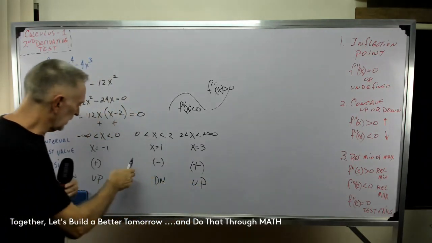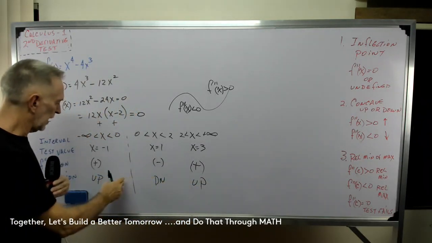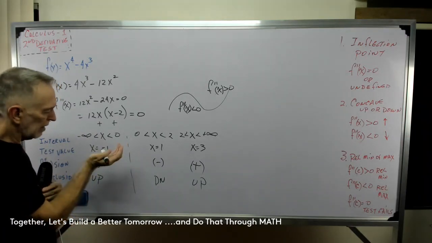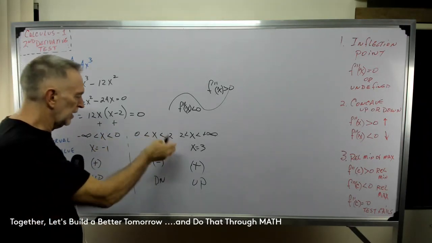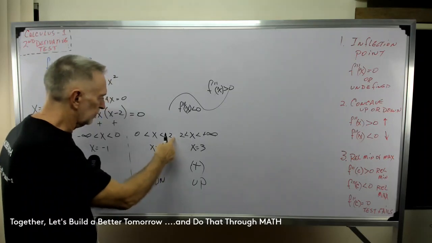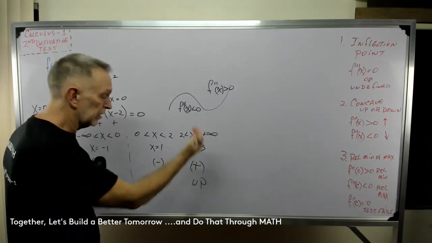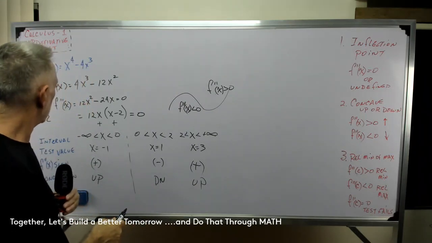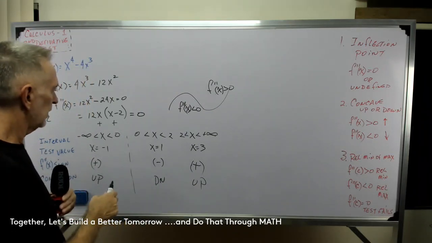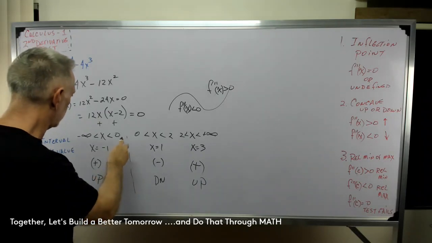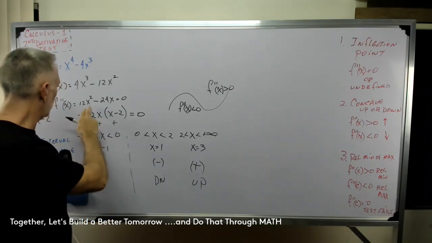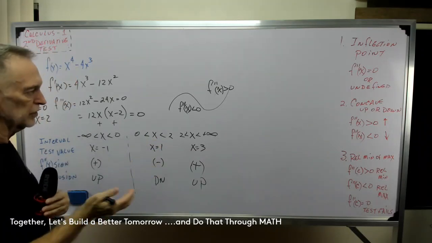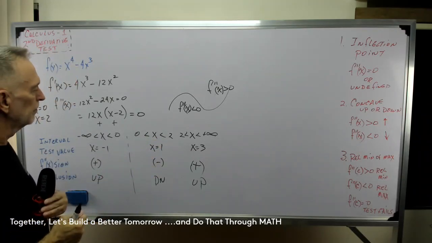Now you can see here where x equals 0, I go from one level of concavity to another, and after I get on the other side of where x equals 2, it goes the other way. So it's telling me that x equals 0 is an inflection point, and x equals 2 is an inflection point because the concavity changed.